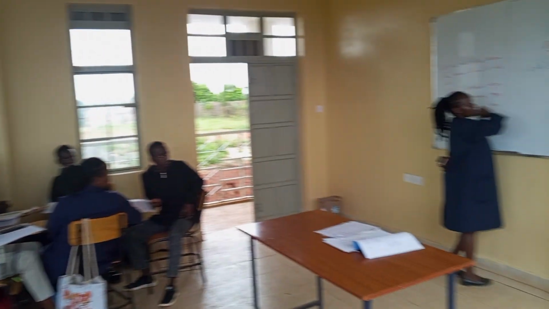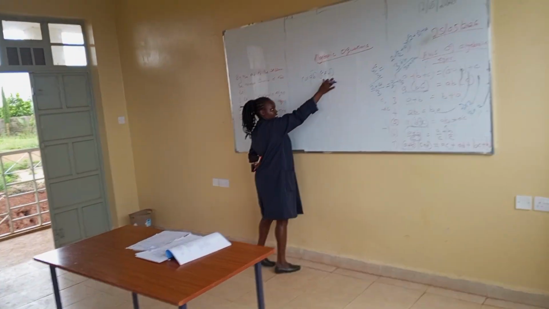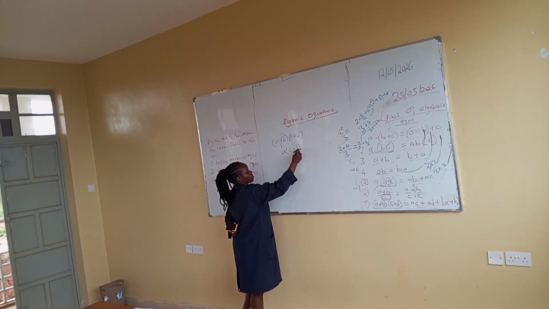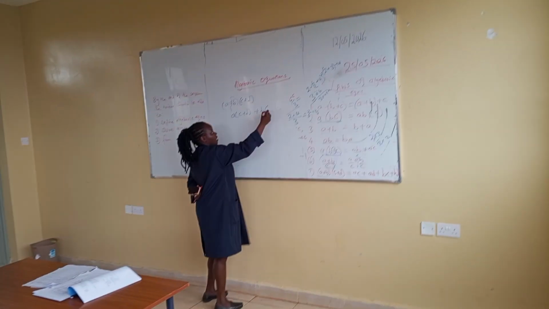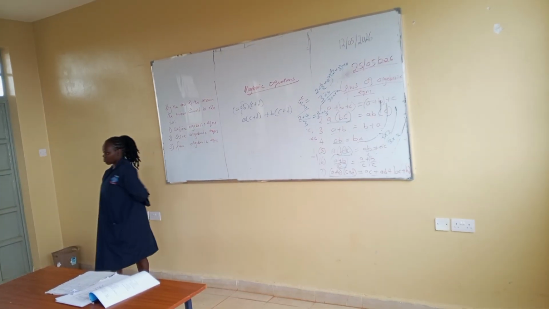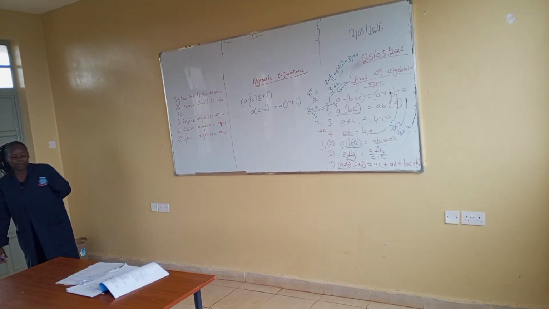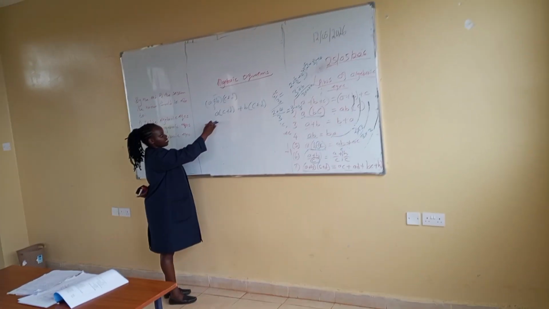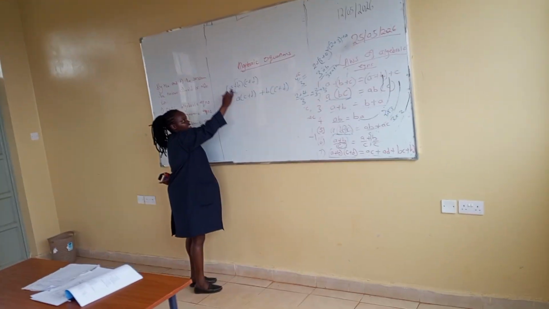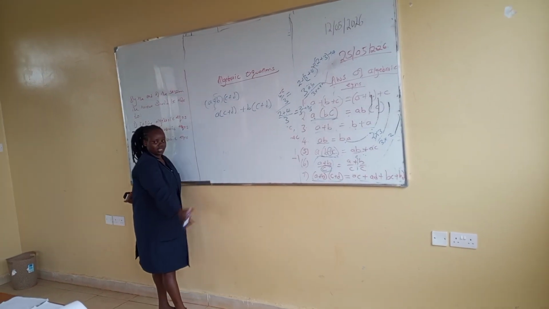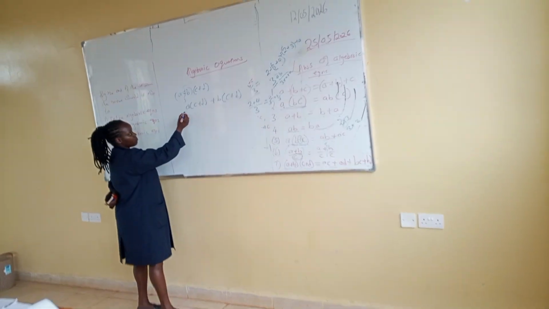So if I break one of the brackets, I multiply with the second bracket. So I have A into bracket C plus D, plus B into bracket C plus D. So naona yenye nimebreak sijairudia. Kama nimebreak the first one to be A and B, it means that hii ndio hizi numbers ziko hapa ndio na multiply with the second bracket. Sawa sawa. So that now I can be able to open.